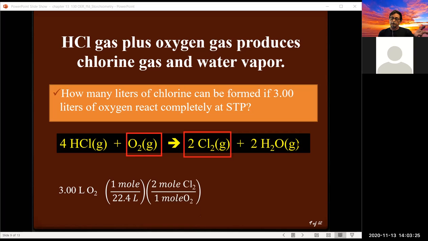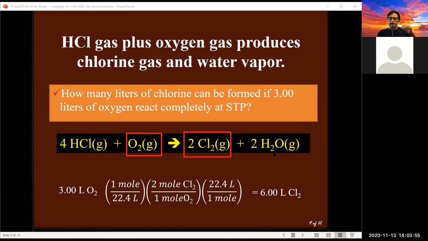Then we look at the mole ratio, which is 2 moles of chlorine per 1 mole of oxygen. So that gets us into moles of chlorine. We were at moles of oxygen. Now at this point in time, we are in moles of chlorine. And the question is asking how many liters. So again, because we're in STP, we utilize that factor to put us back into units of liters.